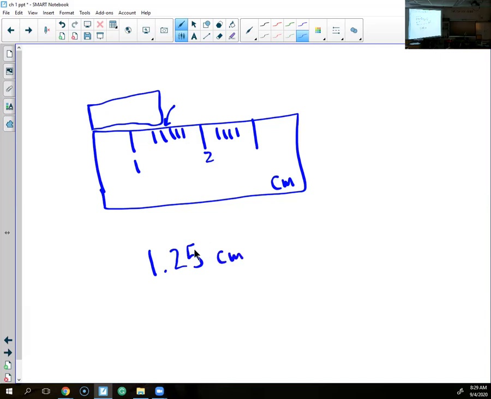Now, a person looking at this number in the future would know you're measuring the length of something, and they would know the accuracy of the ruler was only to the tenths place, meaning it had these lines on it, but nothing in between, because this is your estimate.